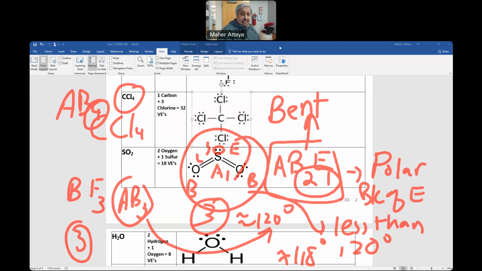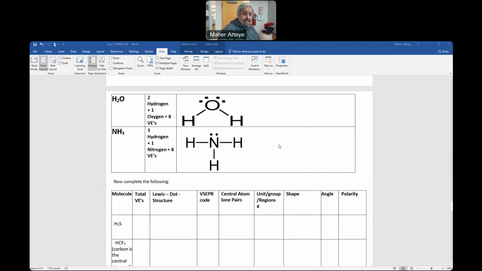The last one is maybe H2O and ammonia, and then we'll do ours. So H2O first. Let's do the code. Hydrogen will always be terminal. Hydrogen has one electron, it cannot be in the middle. So here this is A, and these are B, and this is E1, this is E2.